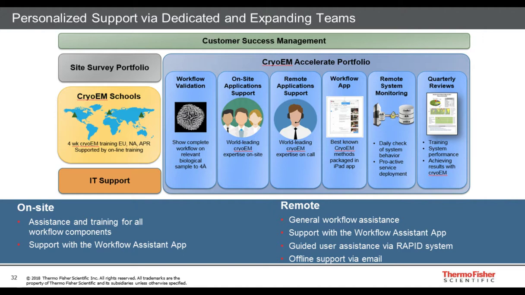The connectivity, I mentioned, is ensured on one hand by the software, which allows you to do the screening in an optimal way, acquire the optimal data sets, and load parameters and coordinates from one microscope into another. That's what the software is capable of. And on the mechanical side, we have the autoloader and the autogrids, which also allow you to switch from one microscope into another.